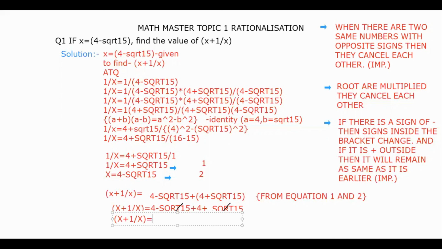So there are only two digits left, that is 4 plus 4. So we can say that x plus 1 divided by x is equal to 8, that is our answer. Mark it as answer.